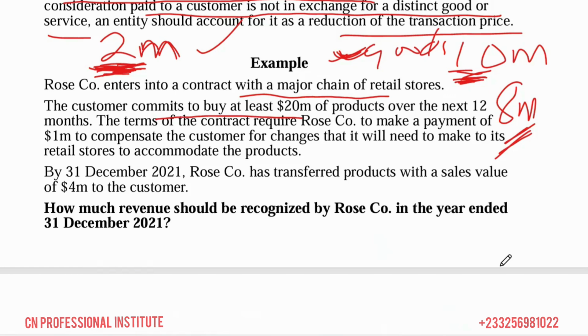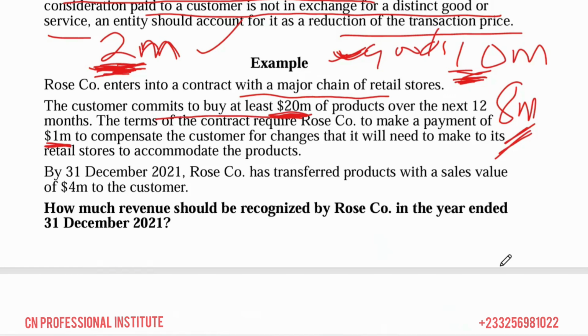If you examine this question very well, you would realize that the consideration paid, the 1 million refund, is what matters. So this is what it means. There's a contract to buy at least 20 million, and for every 20 million purchased, Roscoe will pay 1 million back to the customer to compensate the customer.